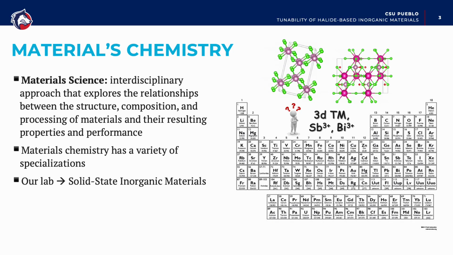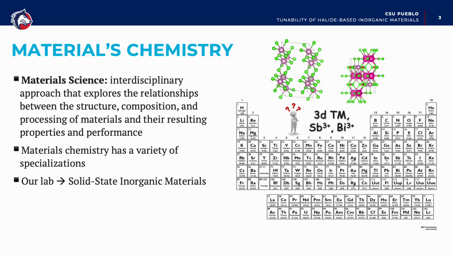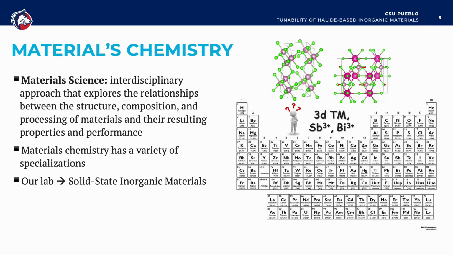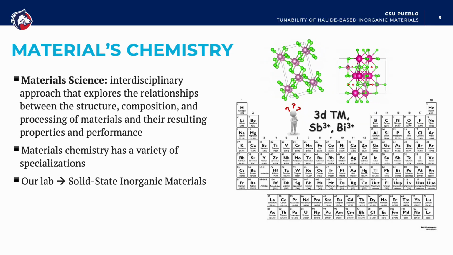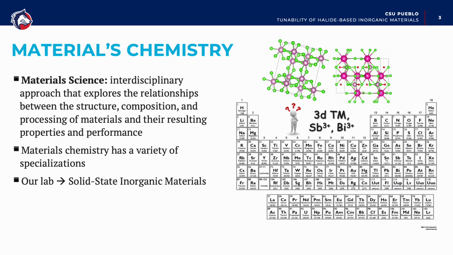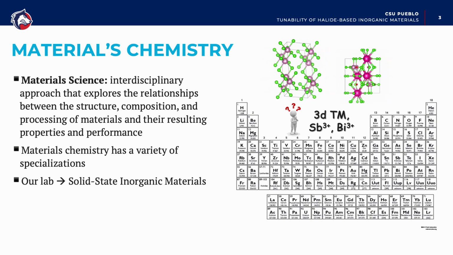As such, even within the materials chemistry subfield, you can find many specializations that all seek to answer some of these very important questions that we have about a given material. In our lab at CSU Pueblo, we primarily focus on solid-state inorganic materials chemistry.